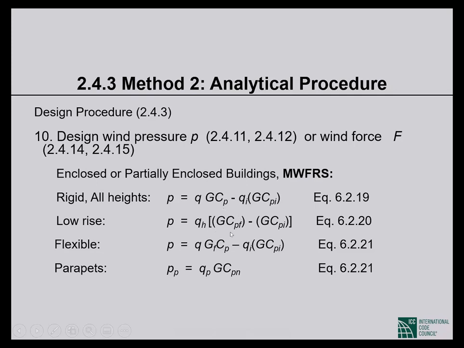The external pressure coefficient is a lump together G times C sub PF, and the internal part is same as before, G times C sub PI.